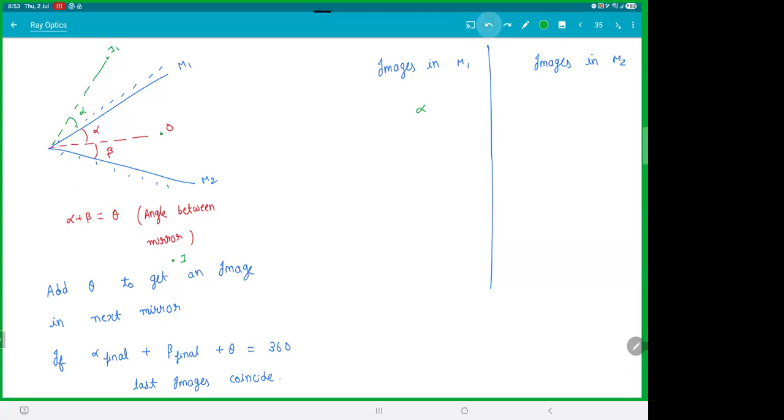I'll not draw it here, but when you add theta to this, you will get an image at alpha plus theta. Now this image I2, at alpha plus theta, will again form an image in M1. Now what is the angle? Alpha plus theta plus theta.